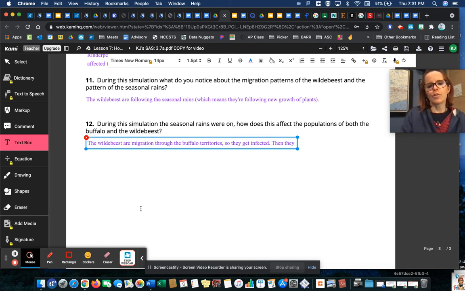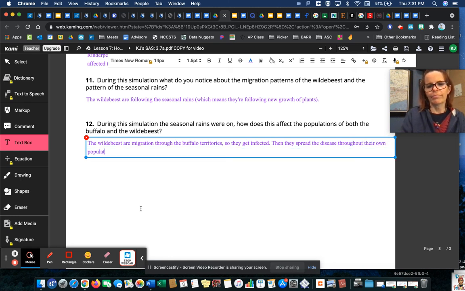Then they spread the disease throughout their own population because they are migrating together.